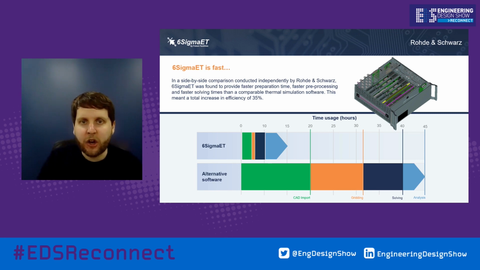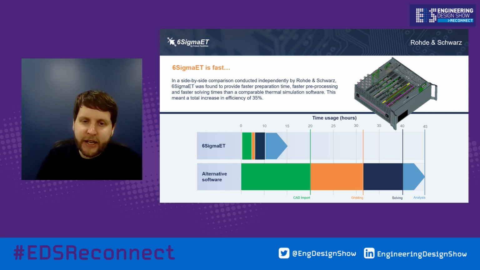So this is a complex model built by Rohde and Schwarz. And in some alternative software, it took them over 45 hours to do a simulation of this device, and they had to do it quite simplified in that tool. Whereas in Six Sigma ET, they were able to do the modeling, solving, and analysis in just 15 hours and do the full detail that you can see on the top right-hand corner.